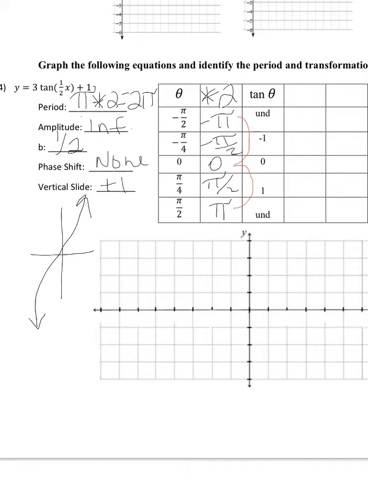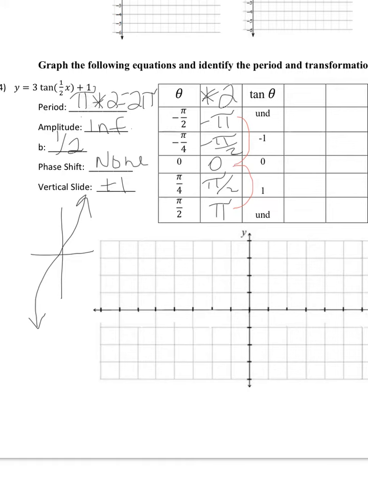I would prefer if you put the sign in there so that I know that you know that it's +1 and not -1, and vice versa. Okay, so now we're going to see what changes happen to the function itself. So over here, we've given you the values for the parent function for tangent, and what you need to do is you need to apply these transformations, this A transformation and this D transformation.